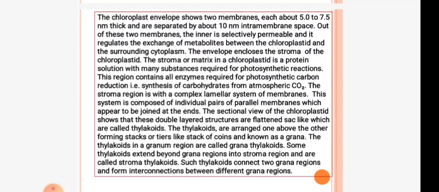The thylakoids in the granum region are called grana thylakoids. Some thylakoids extend beyond the grana region into the stroma region and are known as stroma thylakoids. Such thylakoids connect two grana regions and form interconnections between different grana regions.